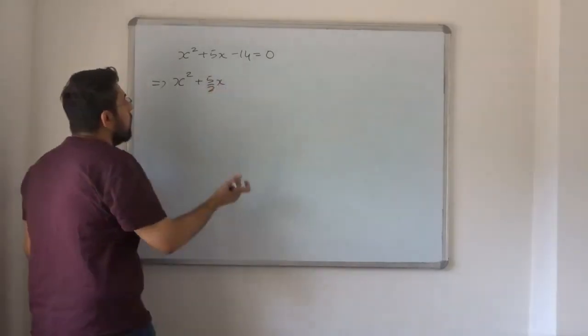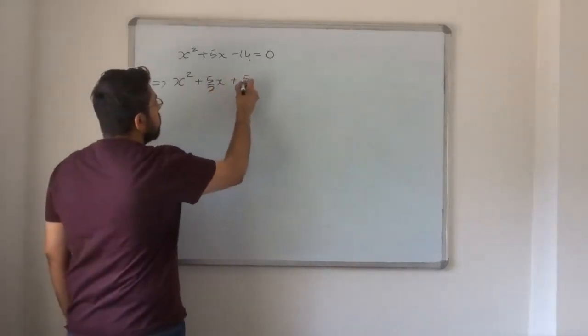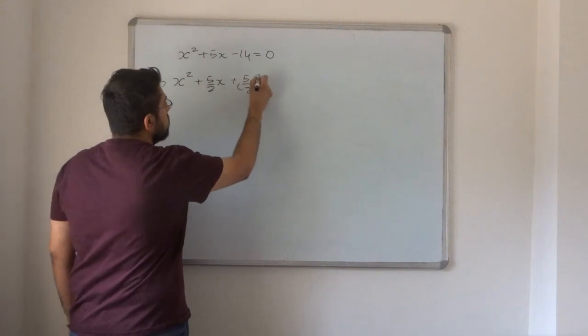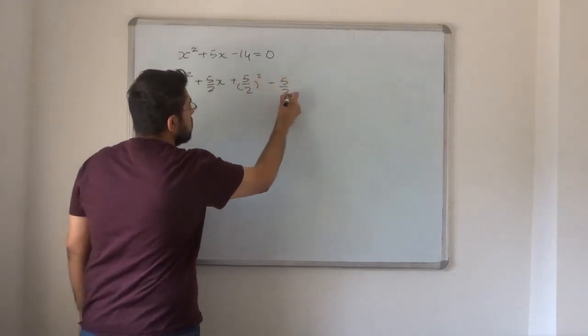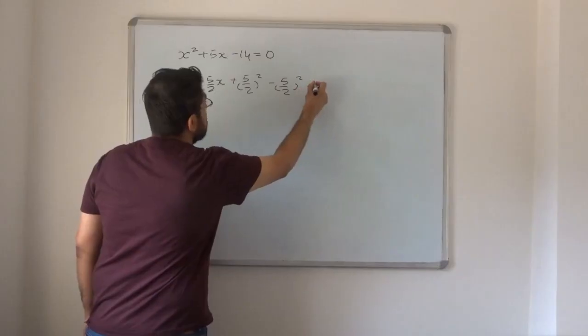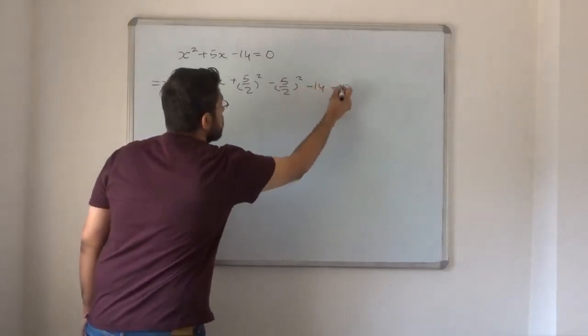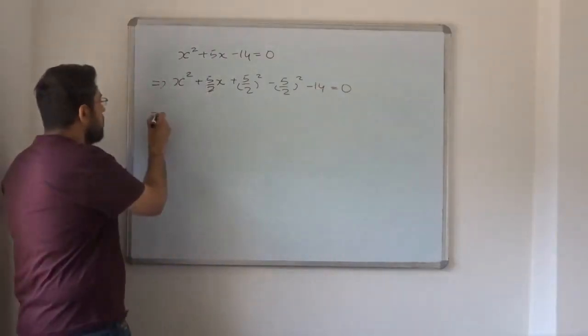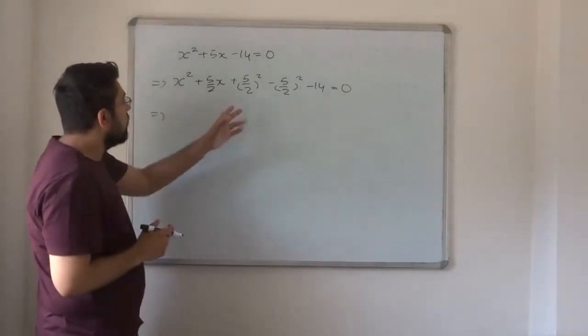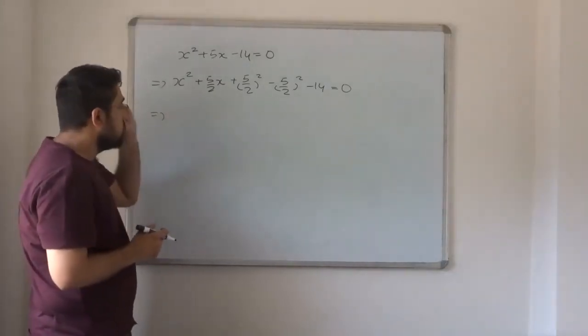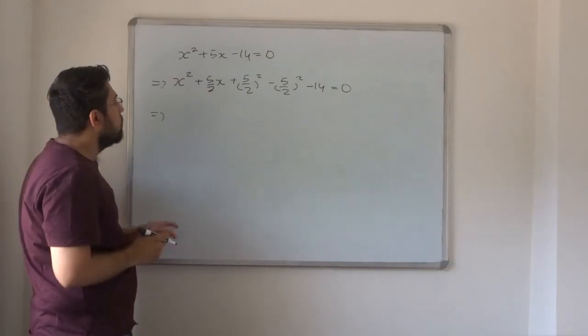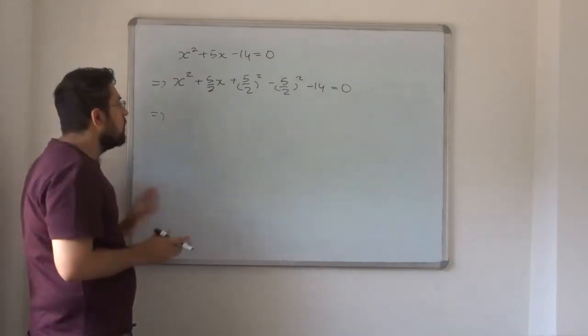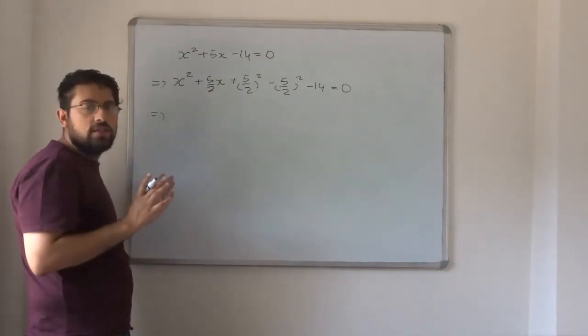Now obviously we have to take the square of this. Minus 14 equals 0. Now obviously many people will be like, after I get the perfect square, why don't I prove how I got the perfect square? Guys, you don't have to prove that. That's not important.